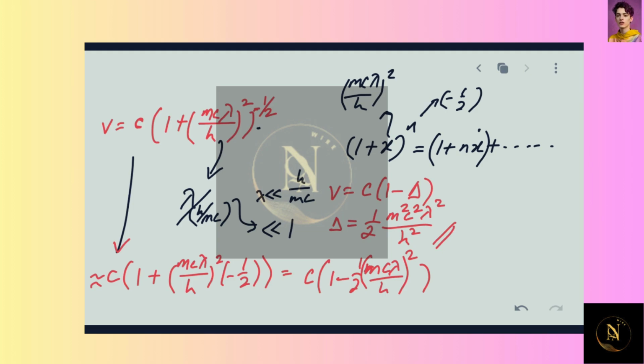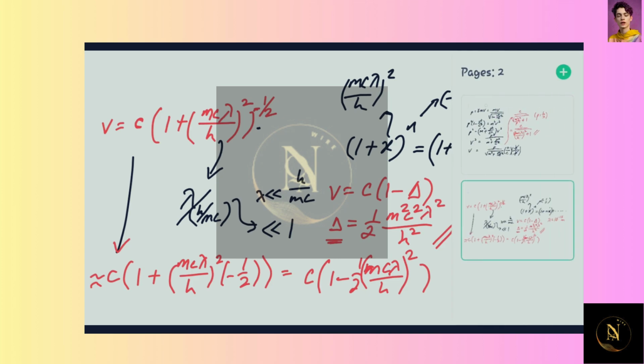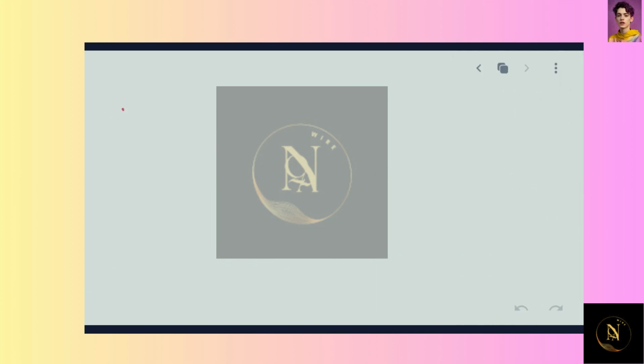Now to use it in an actual case for an electron, such that the de Broglie wavelength is 10 to the power minus 15, we want to find this particular value of delta.